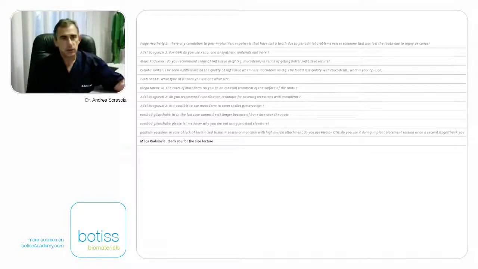Next one. Yes, I used scaling and root planing. I think that you saw what I did in the short video, and I prepare with PRF gel, for example. No, in this case I'm not sure, but I prefer to cover the mucoderm instead of having the membrane exposed. I think yes, you can use this kind of membrane.